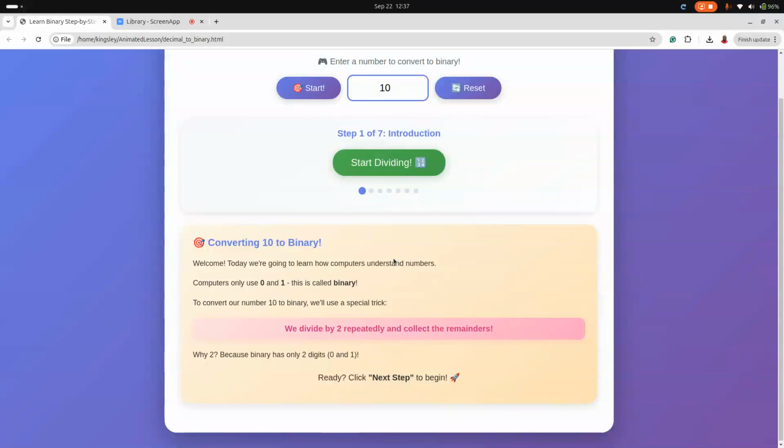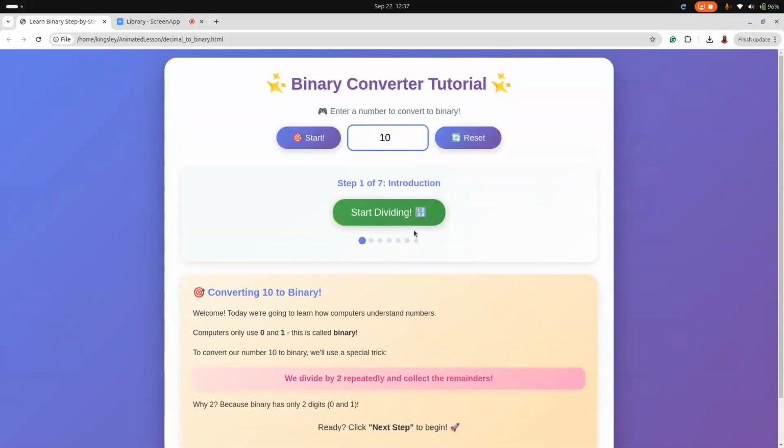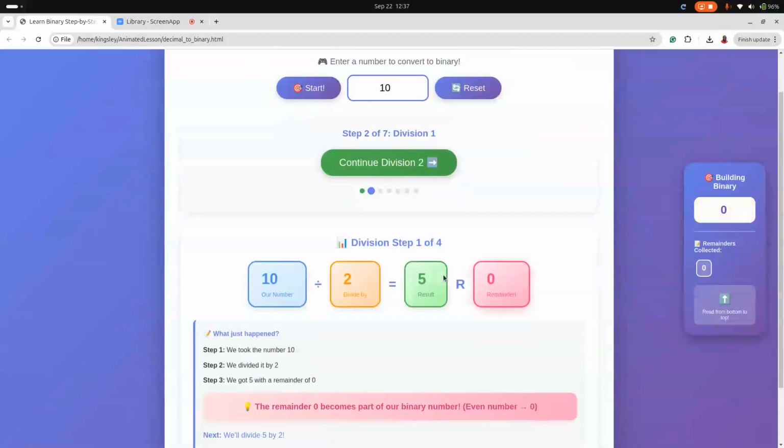And then you have to collect all the remainders. Those remainders we're going to collect will be our binary number. Let's start. The first step, I'm going to click here to divide. So our decimal, which is 10, we divide it by 2.